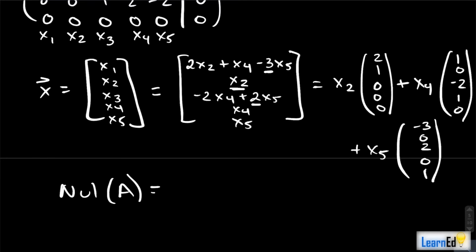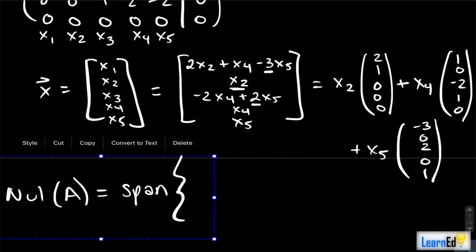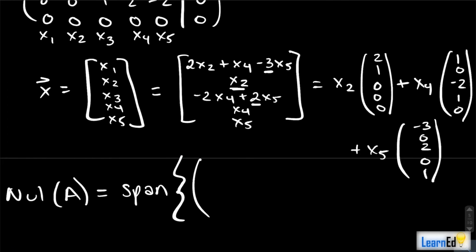Because any linear combination of these vectors will go to 0 when you apply the transformation.